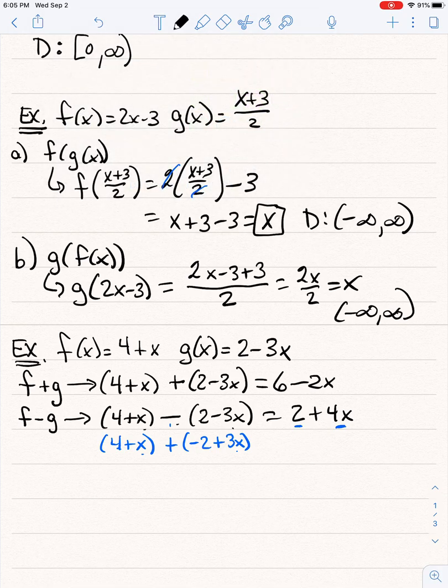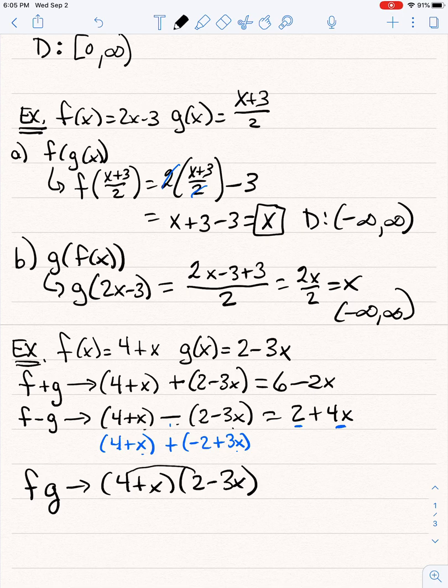All right, and one more here. We could do f times g. That becomes 4 plus x times 2 minus 3x, the two quantities. So it turns into a problem where we're going to do FOIL. 4 times 2 is 8. 4 times negative 3x is negative 12x.